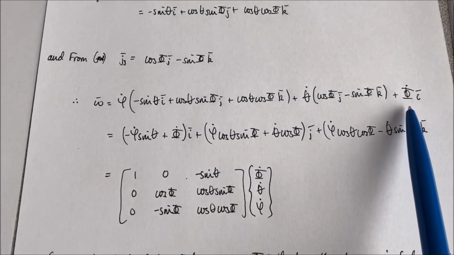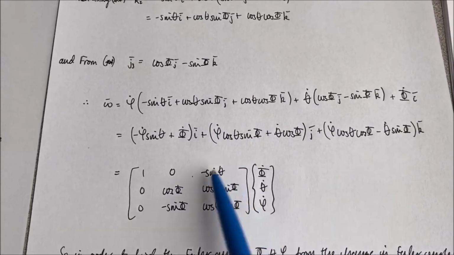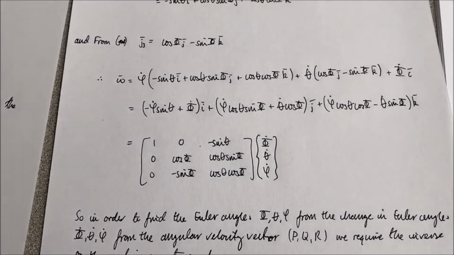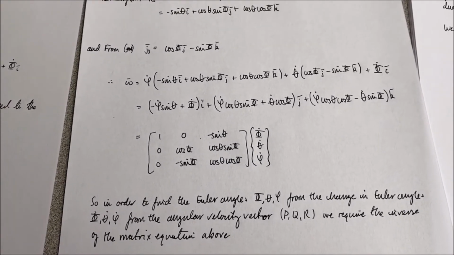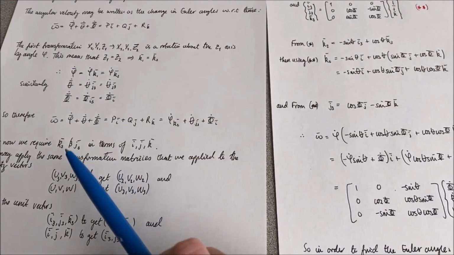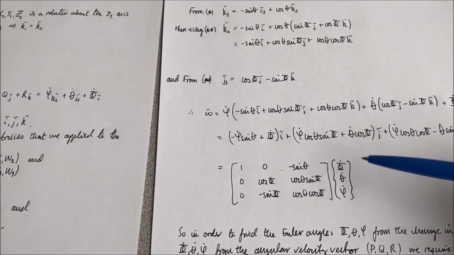So what I've done from there is just group all of the I bars, J bars and K bars together to get this, and then written it in matrix form.